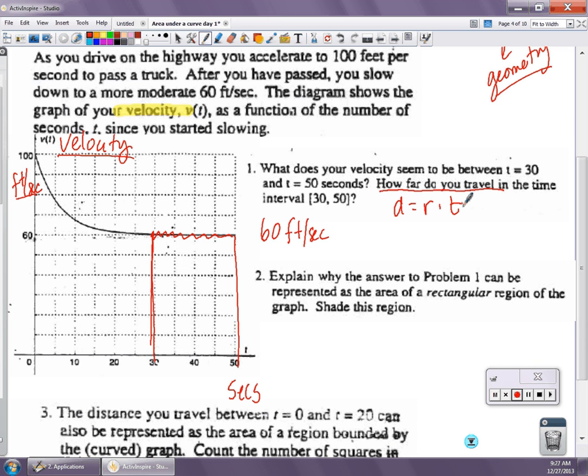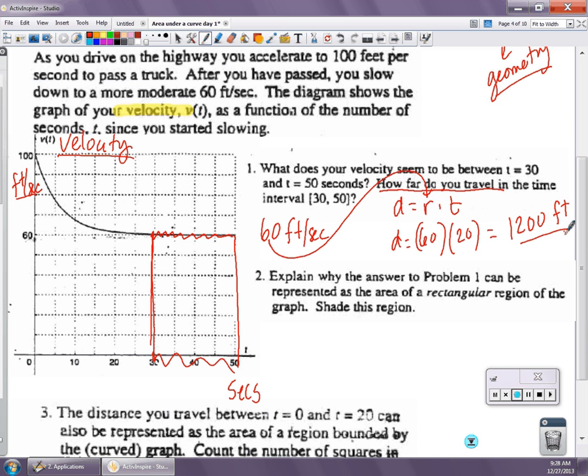Remember, if you want to know how far you travel, distance is equal to rate times time. So in this case, we know that the rate is 60 feet per second. And we know that from 30 to 50 is a change of 20 seconds in time, so we're traveling 1,200 feet.